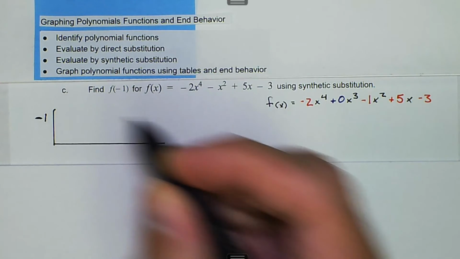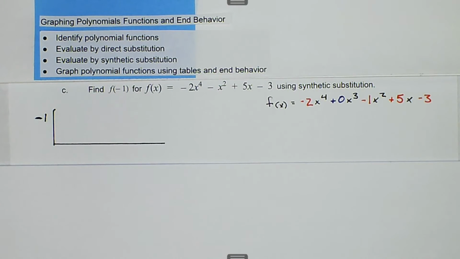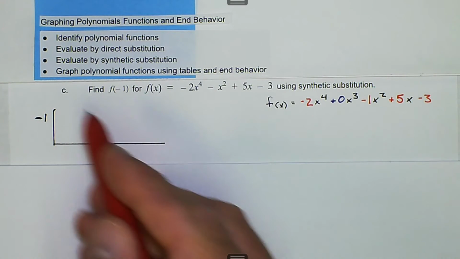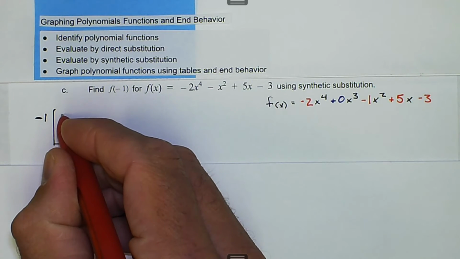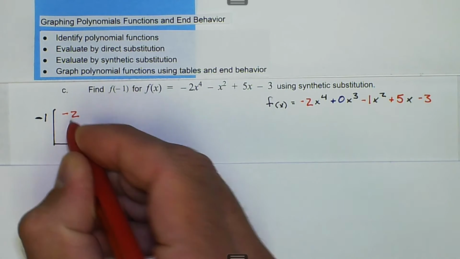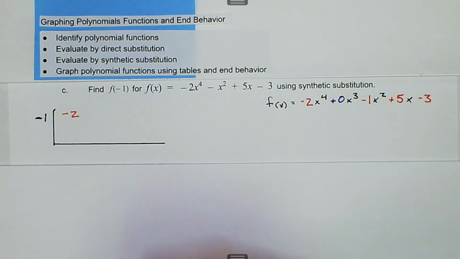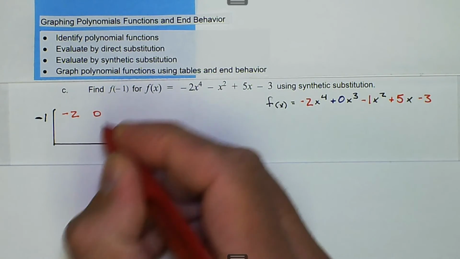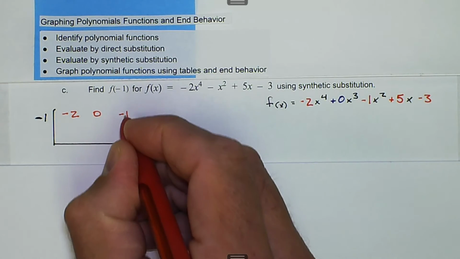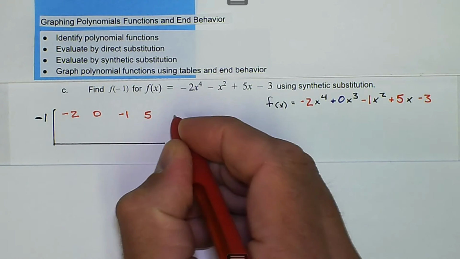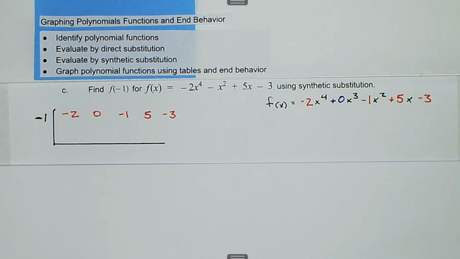So -1 goes outside, and then we're going to write all of our coefficients in the synthetic substitution bracket. So we have -2. We still have to include the 0, -1, 5, and -3.